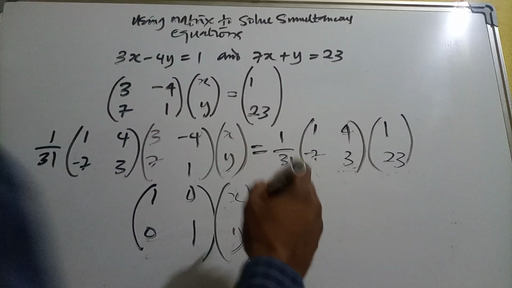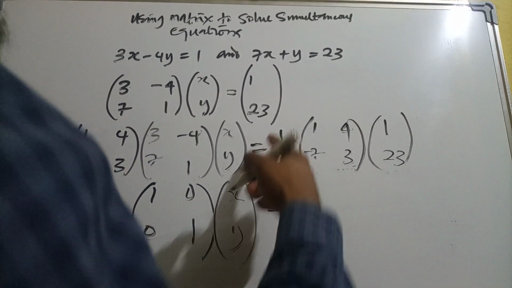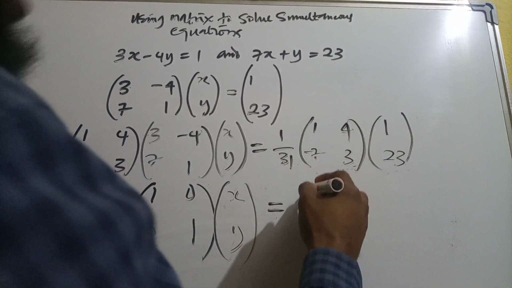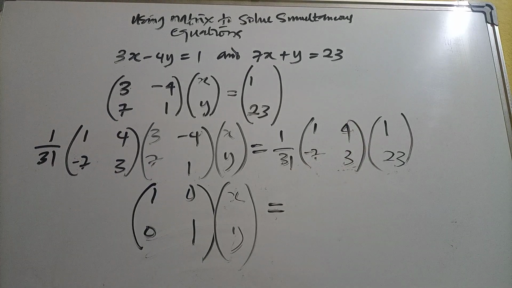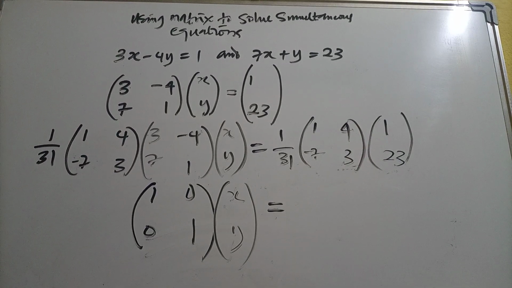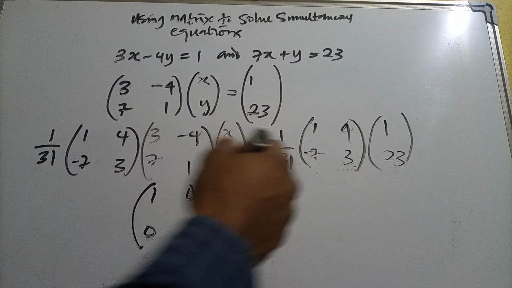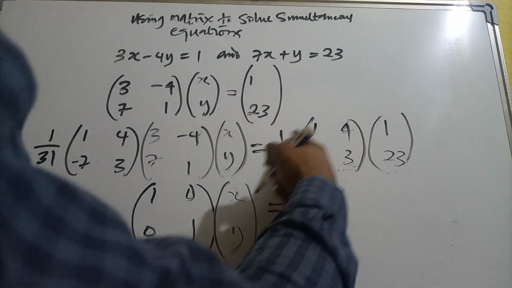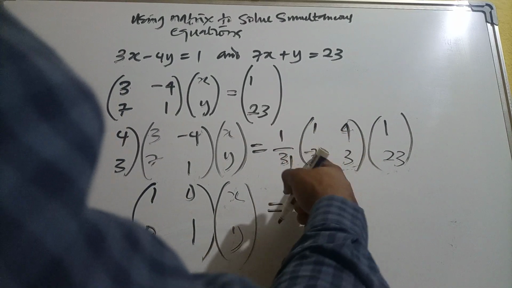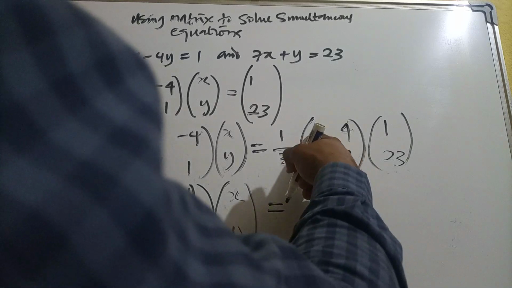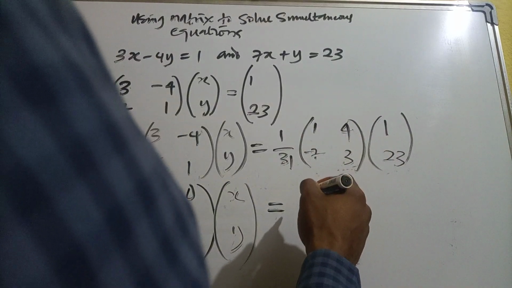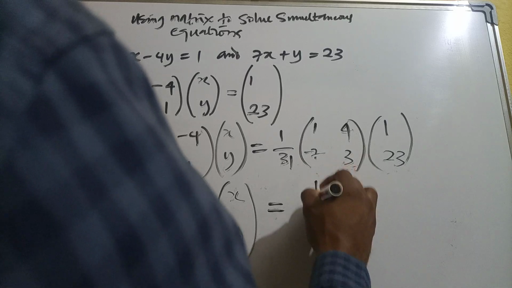Then all I need to do is multiply everything here, this times this, and I multiply this matrix by this column matrix, and I am going to arrive at 1 over 31.